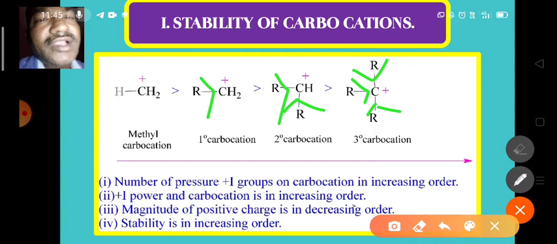That means compared to the methyl carbocation, primary carbocation is more stable, compared to the primary carbocation, secondary carbocation is more stable, and compared to the secondary carbocation, tertiary carbocation is more stable.